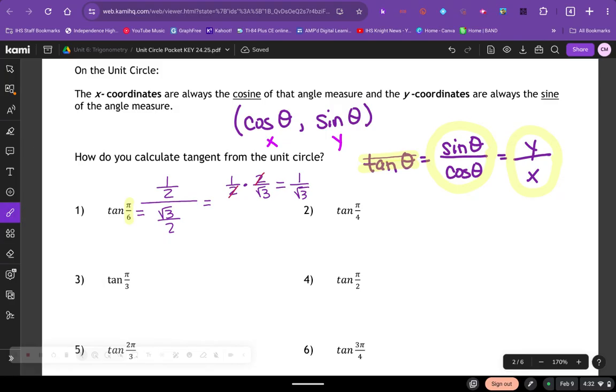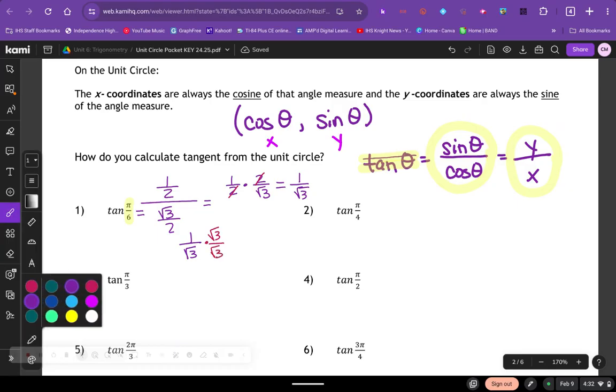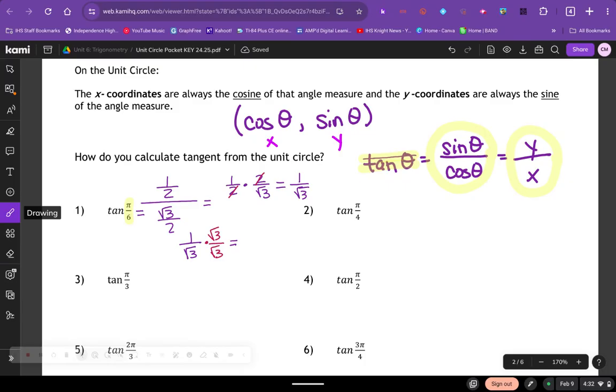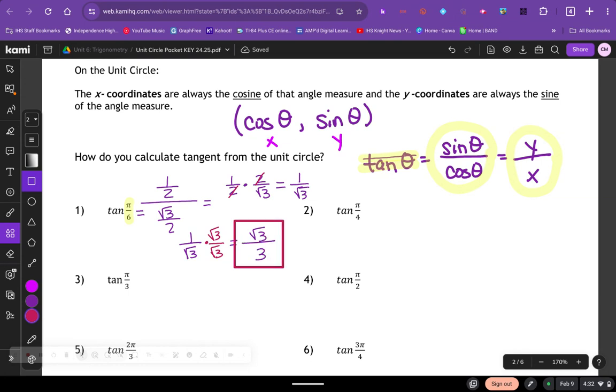I can't leave it like that. I can't leave it as 1 over the square root of 3. That would be incorrect. I'm going to have to get rid of the radical in the denominator. So I have to rationalize the denominator. When I do that, I get the square root of 3 over 3. This is my tangent of pi over 6.